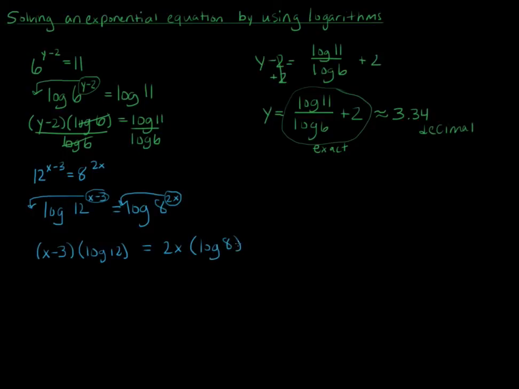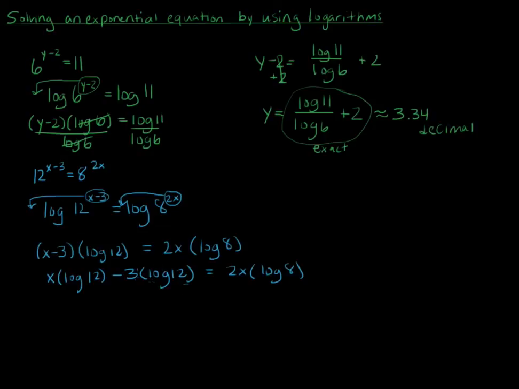Okay, now let's go ahead and distribute this one this time. So we'll have x times the log of 12, and just remember, log of 12 is just a number, minus 3 times log of 12 equals 2x times log of 8. Okay, let's put all the x stuff on one side.